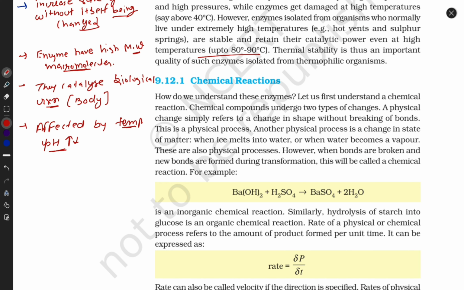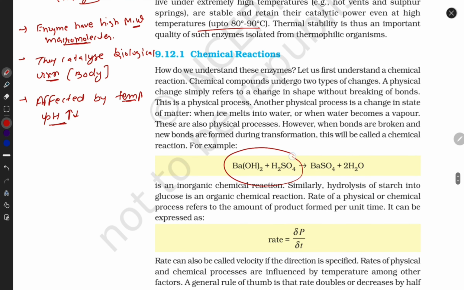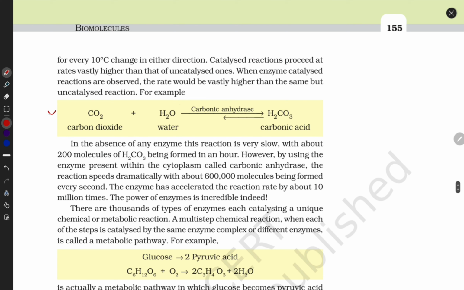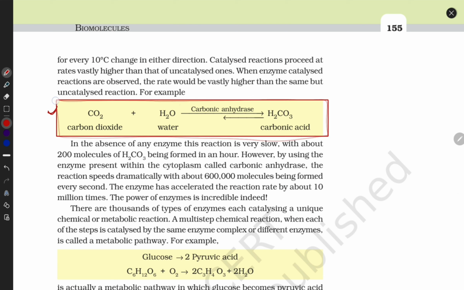Now, guys, look at some reactions. These are the substrates and they change into products. Assume this reaction is hard for you, but you are familiar with this reaction that occurs in our RBC.